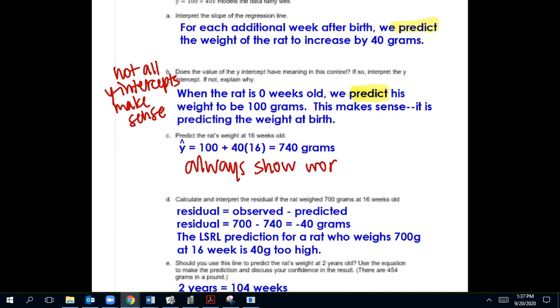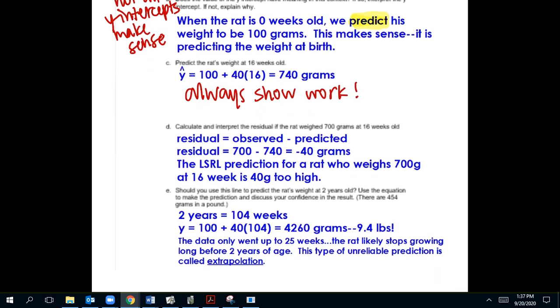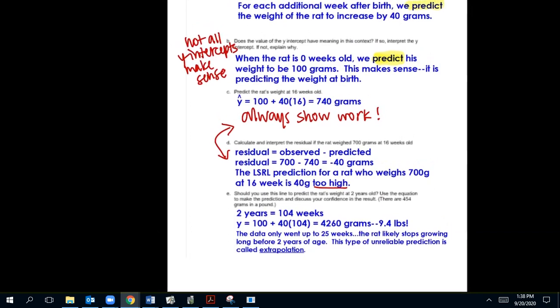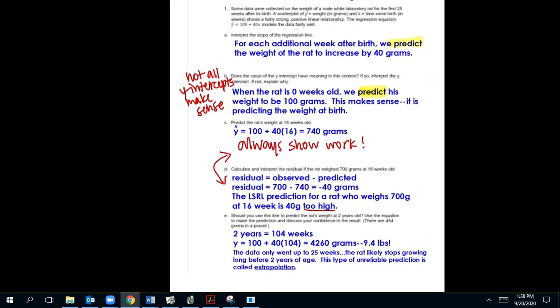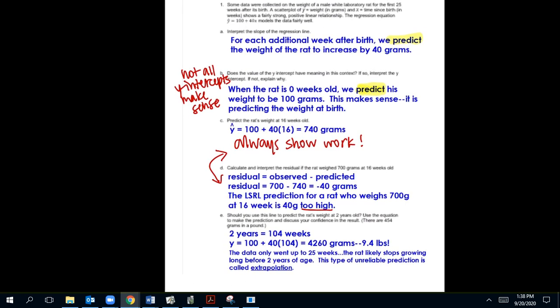And then here and here, always show work. And your interpretation for your residual should include whether it's too high or too low. And then again, we have extrapolation here with letter E. So we'll take a look at that. You can pause this to check it out and make sure you got them all in case I went too fast. And that is it for today.